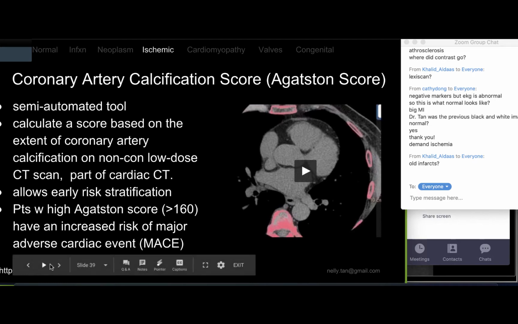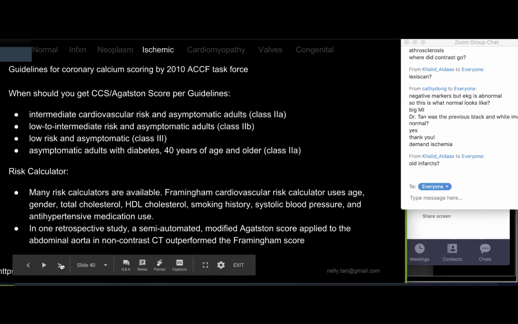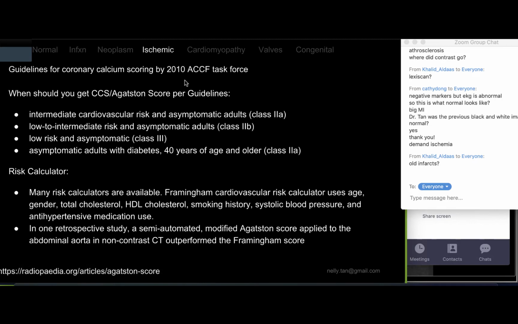So the American Cardiology Society issues guidelines for the patient population who would benefit from this study, and basically patients who are intermediate risk, asymptomatic, because you're trying to risk stratify them and sort of treat them in advance.